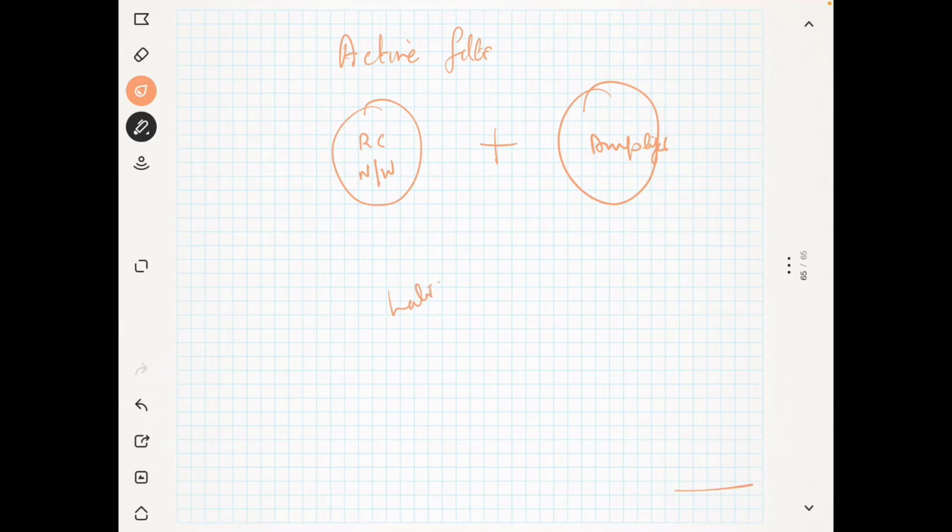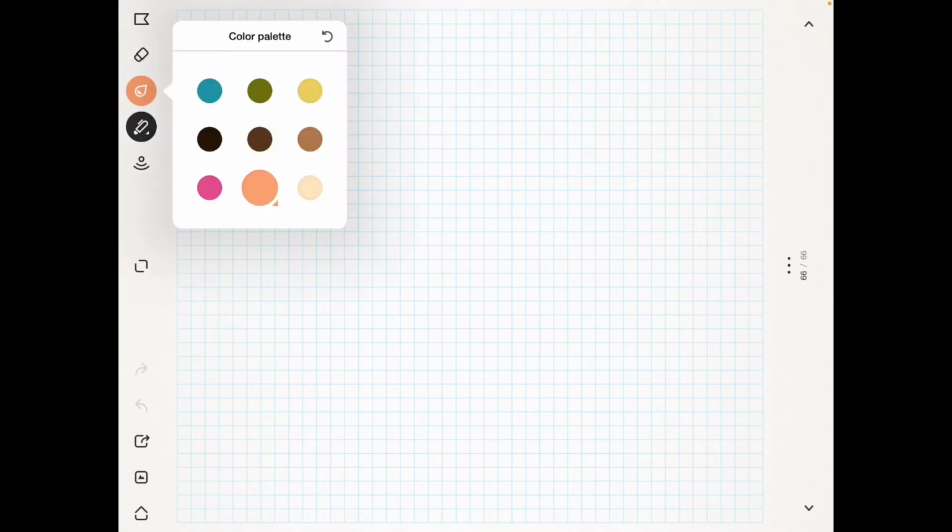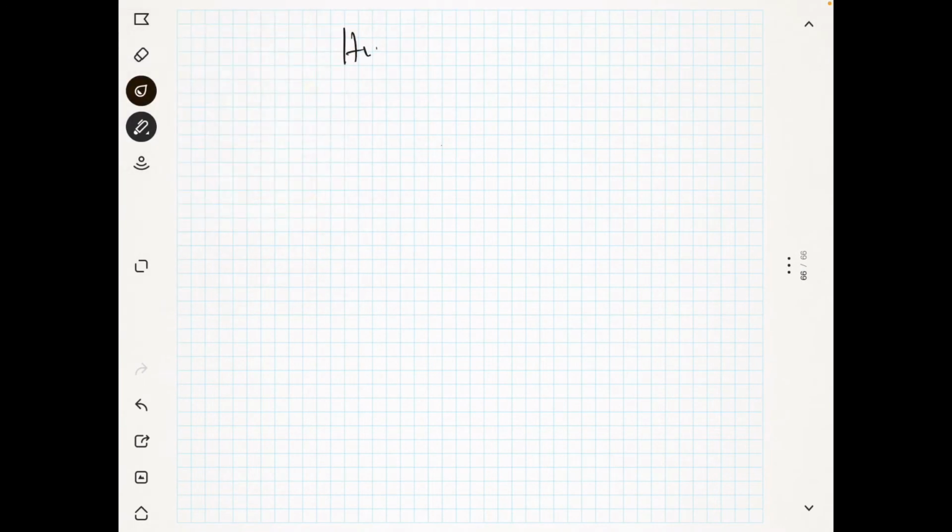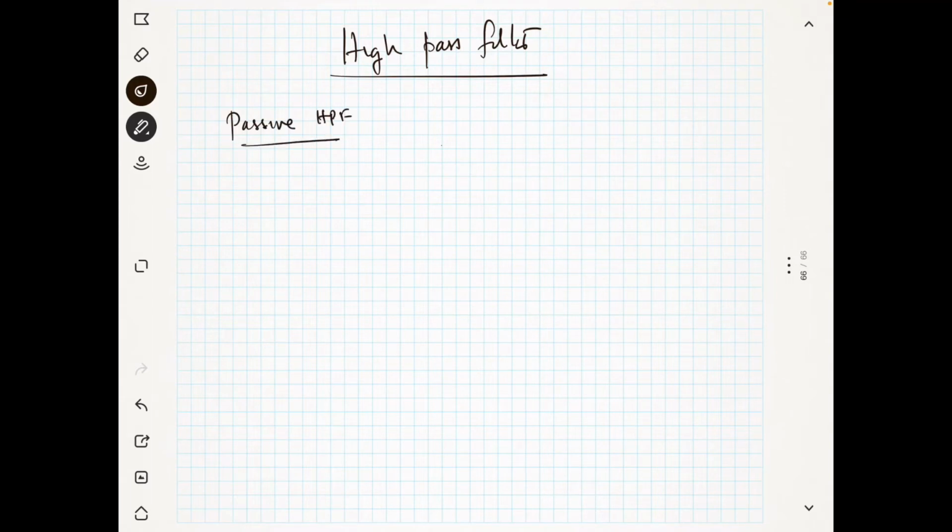Before that we will see what a high pass filter is. For a passive high pass filter, you just have to replace the resistor with the capacitor and the capacitor with the resistor, so that you take the output from here, V out, and this is your V in. So what is your V out?